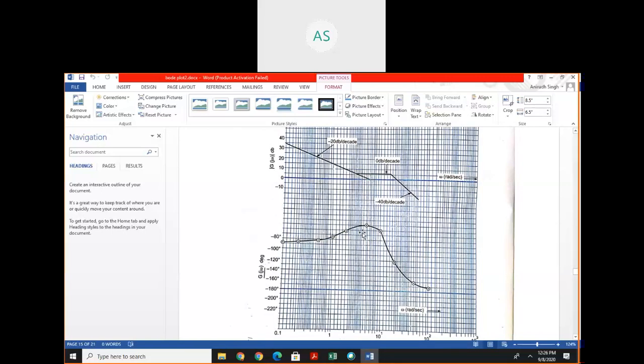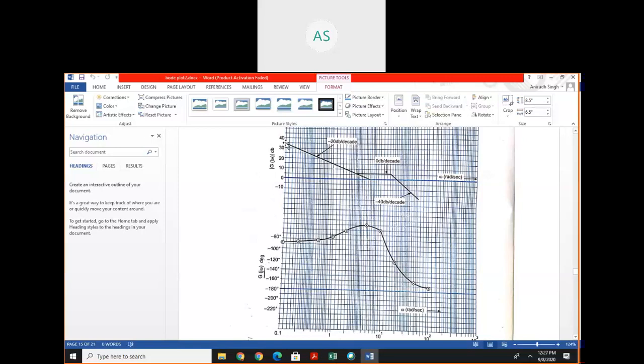This is the point 1, 2, 3, 4, 5, 6. So from 6 radians per second, draw a line of minus 20 dB per decade, and this line cuts the y-axis at this point. This is the starting point of the Bode plot.